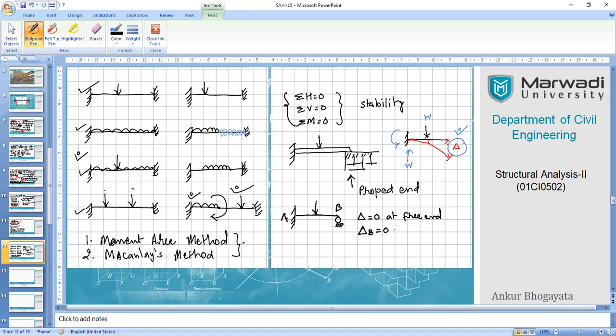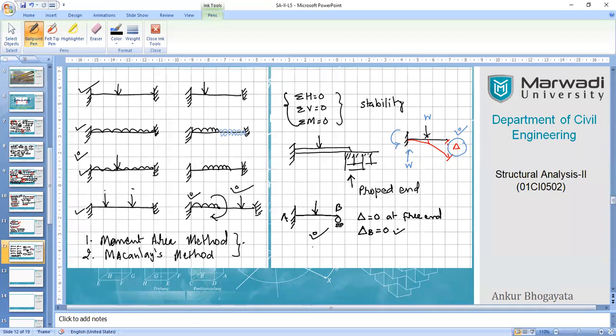Now how do we use this compatibility requirement in analysis? We ultimately want to find the shear force and bending moment, and draw the composite or combined shear force and bending moment diagram of this structure, which is indeterminate. I know that it's not the first time you are coming across this kind of structure. You have already worked with prop cantilevers, but the method may be different.